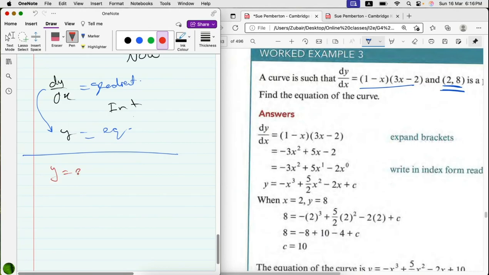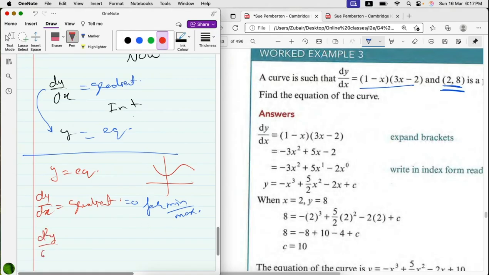There was this equation which would represent some curve. Then we had dy by dx, which at any point will give you the gradient, or minimum or maximum when you put dy by dx equal to 0. And then what do we check the double derivative for? We used to check it for the nature.